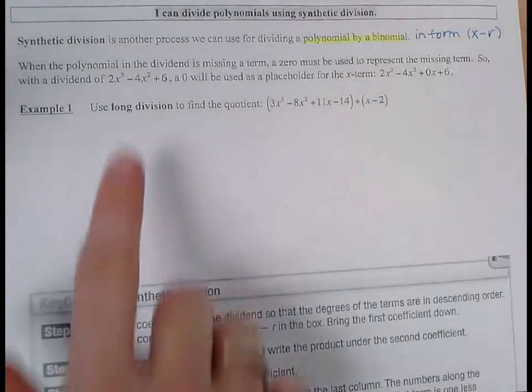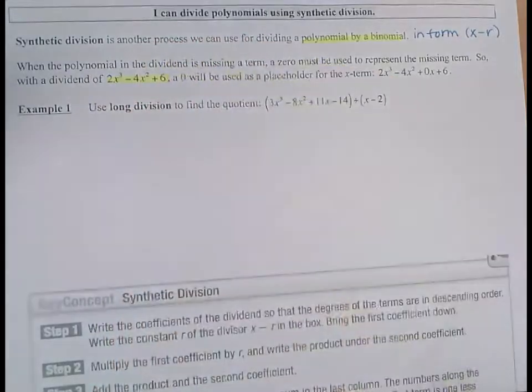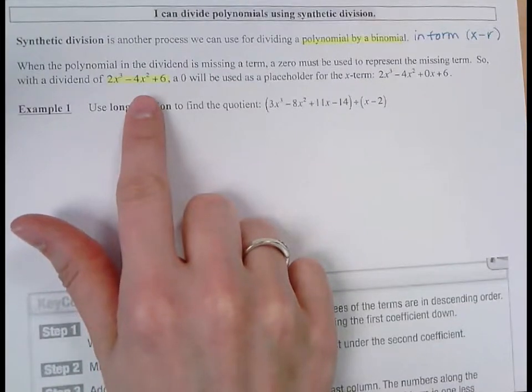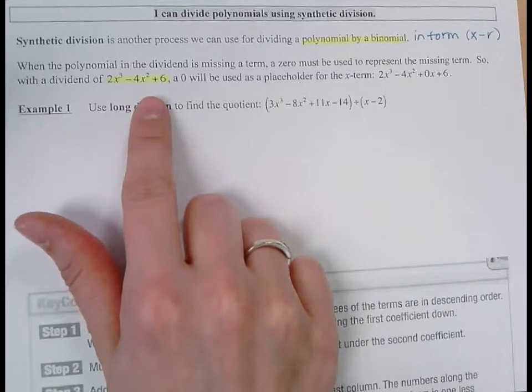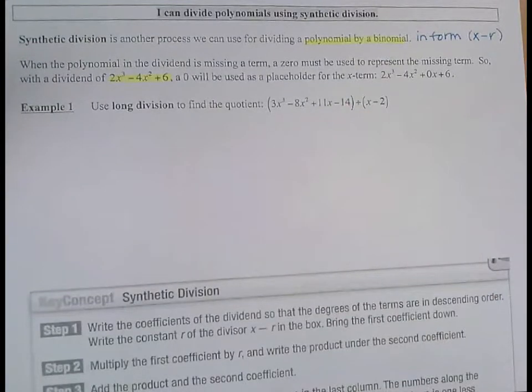For example, if you had the polynomial 2x cubed minus 4x squared plus 6, notice you want your powers of the variable to be going in decreasing order. So we have x cubed and then x squared. We don't have an x term, so a 0 would have to be used as a placeholder for the x term.